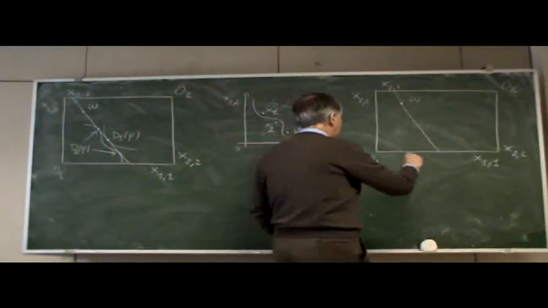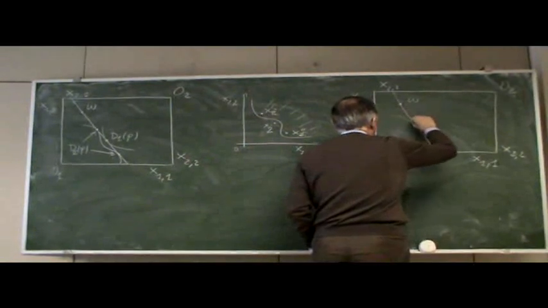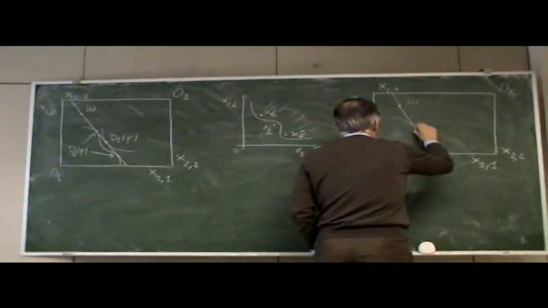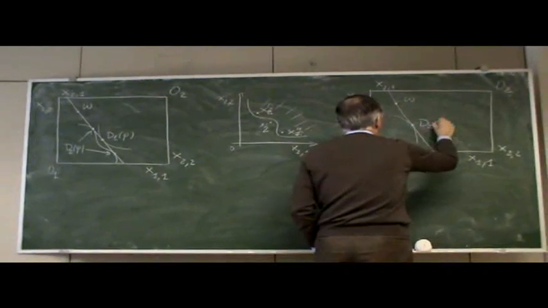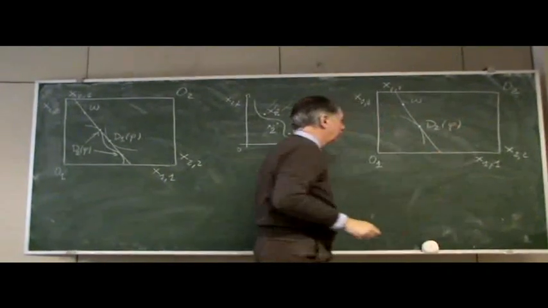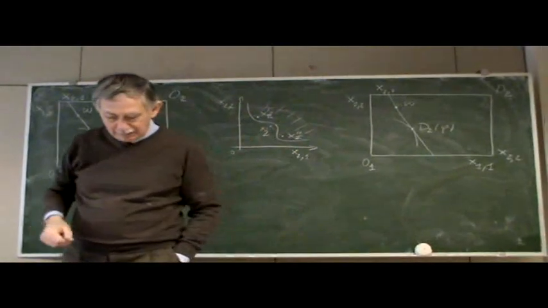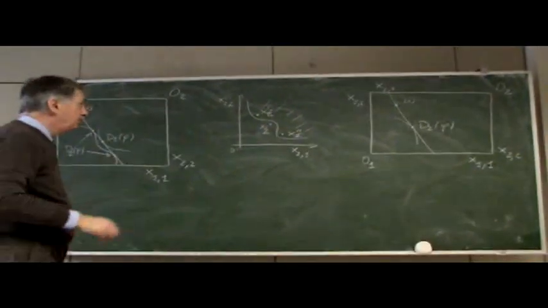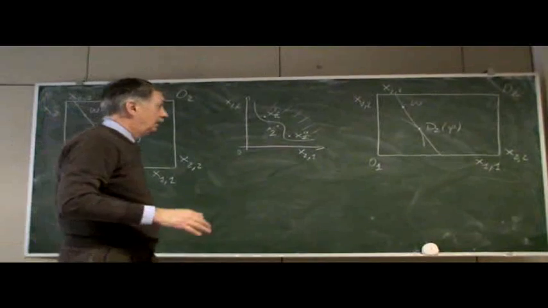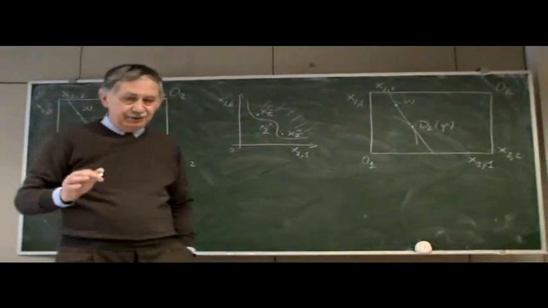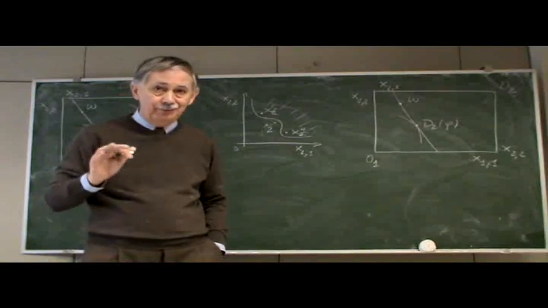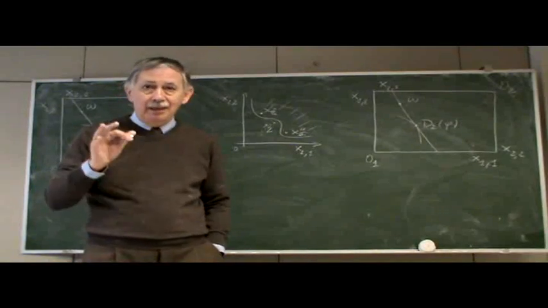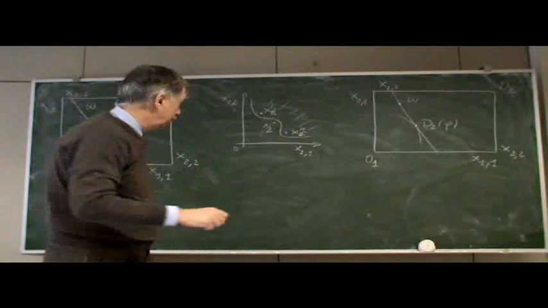Suppose that the preferences of a second subject are the usual form. So this is the optimal point of the second subject. But note, this is important, that the preferences of the first subject are not the usual form. In particular, they are not monotone.